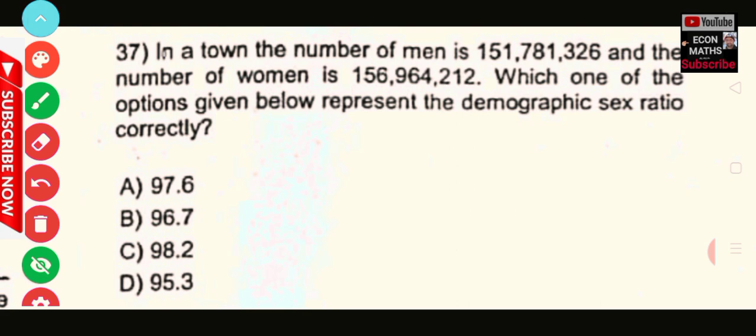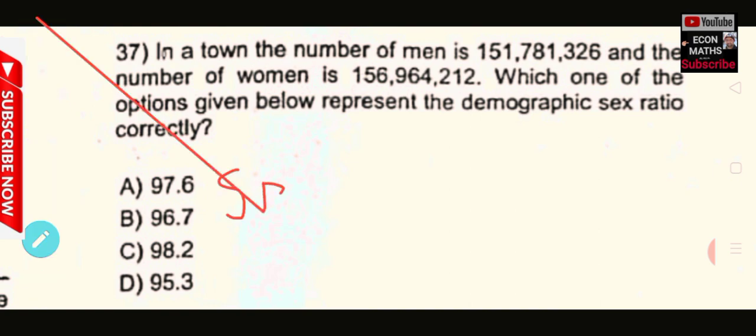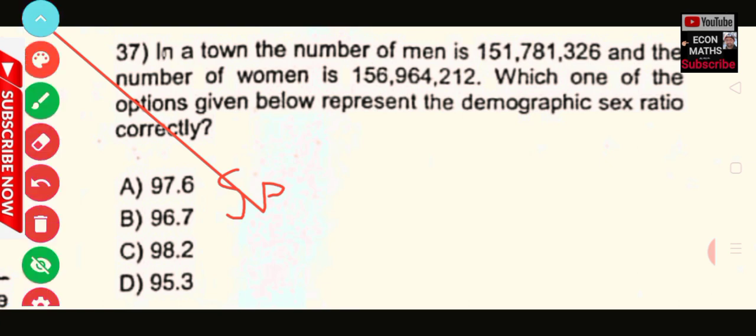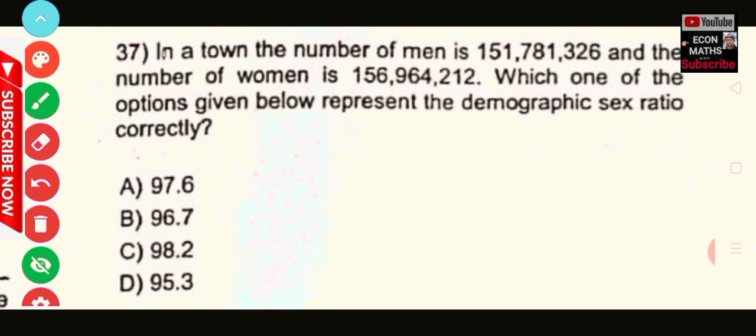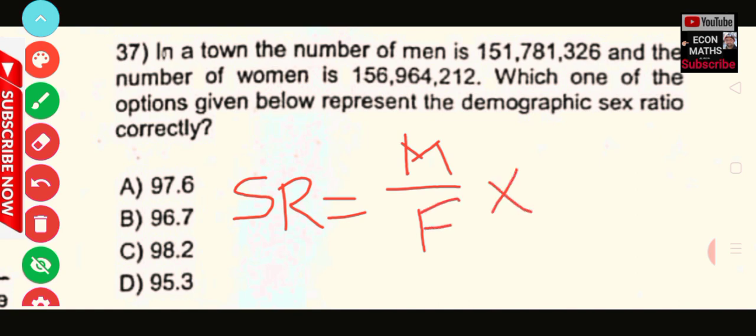I know that sex ratio is given by the number of males divided by females times 1000. I honestly don't know how to do these calculations, so I will not calculate this because it gets very messy.